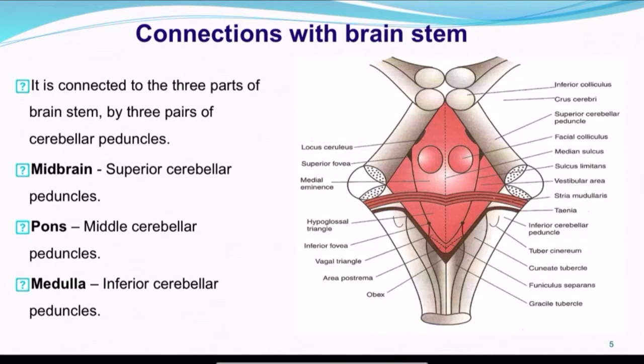With the medulla, it is connected through inferior cerebellar peduncles. These peduncles are a pair, one on either side. So, the cerebellum is connected with the midbrain through superior cerebellar peduncles, to pons through middle cerebellar peduncles, connected to medulla oblongata through inferior cerebellar peduncles.